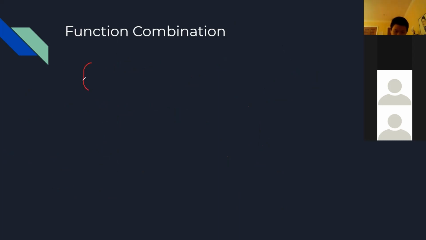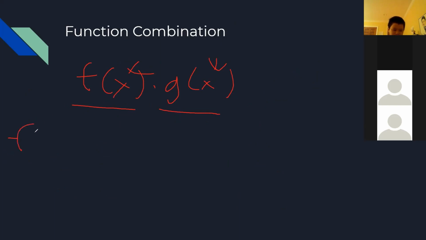So function combination. Let's say we have f(x) times g(x). The input here is x into both of these functions, so what we can do is just substitute whatever f(x) is and g(x) is.